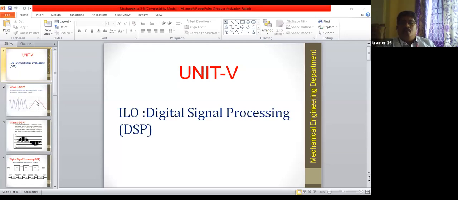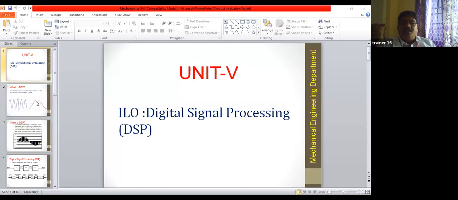The output of the ADC is a digital signal that is sent to the digital system. Digital system here means a computer, a microprocessor or a microcontroller. According to our requirement, we can stop there if we only want to measure any physical variable in digital form.